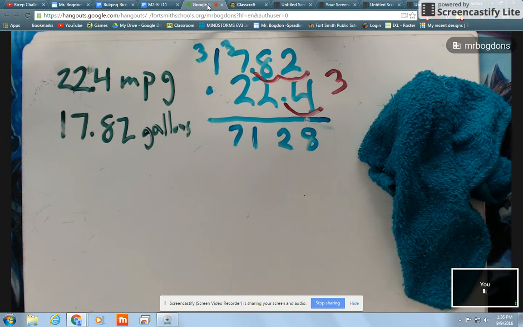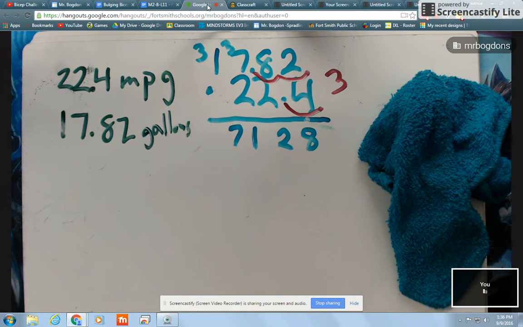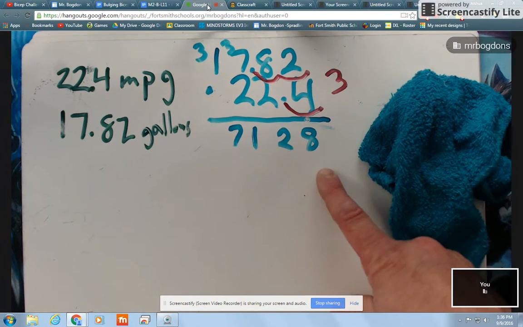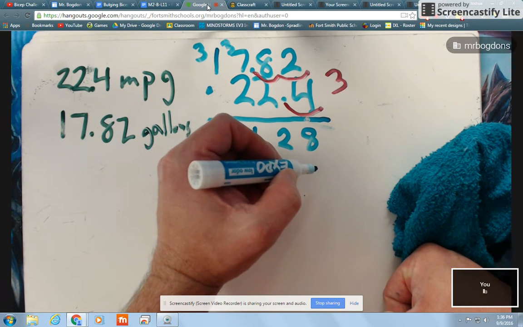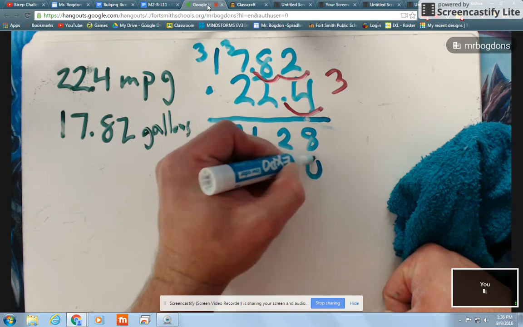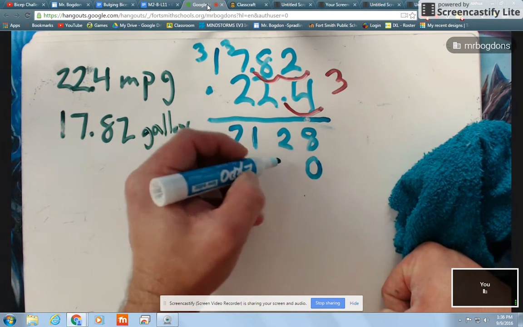Now I need to find my second partial product. Let's look at the 2 in the tens place. To show that I'm in the tens place, what do I have to add? A 0. Why just 1 zero? Yes, there's just 1 zero in 10. Beautiful. So now what is 2 times 2? It is 4. Thank you.